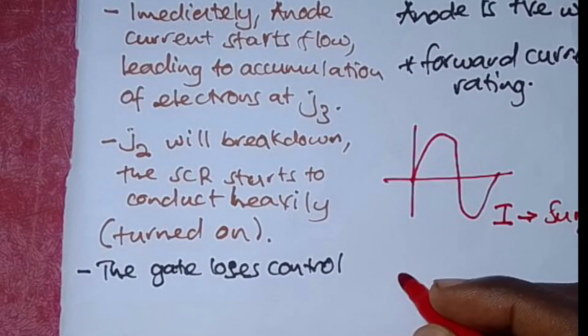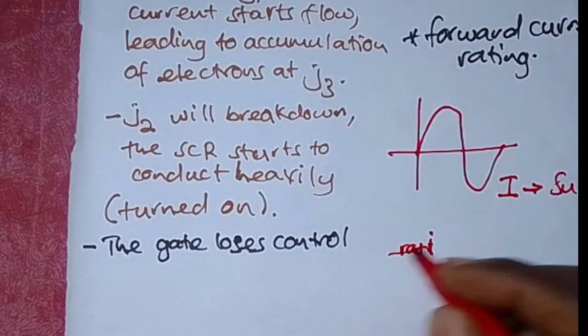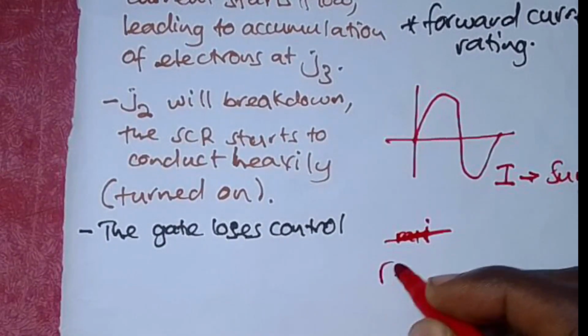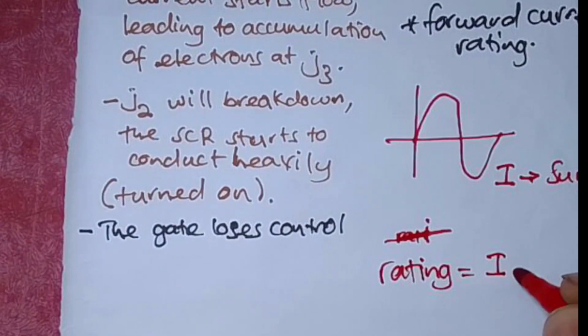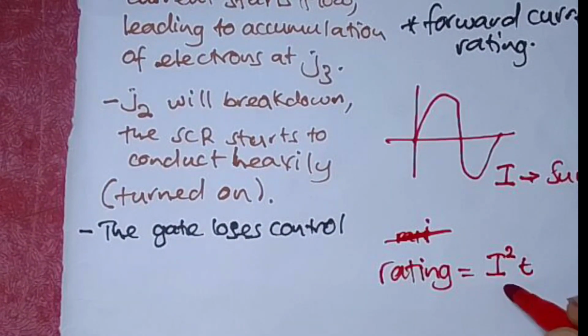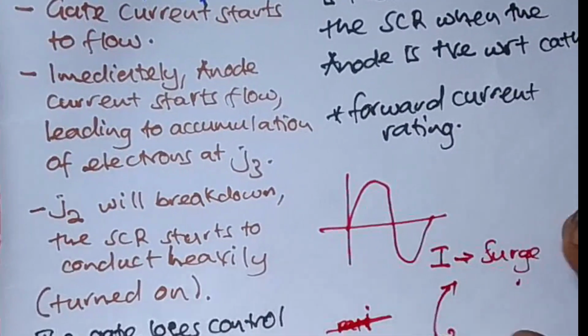So they're saying the fusing rating, let me write something bigger, the rating is just given by I squared T, whereby this I is what we call the surge current.